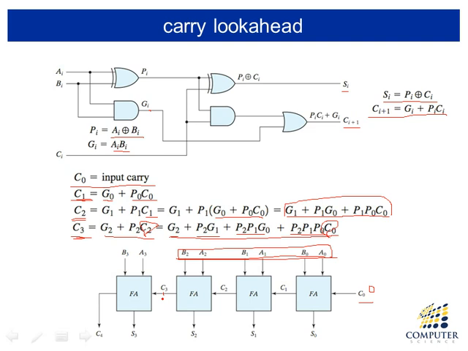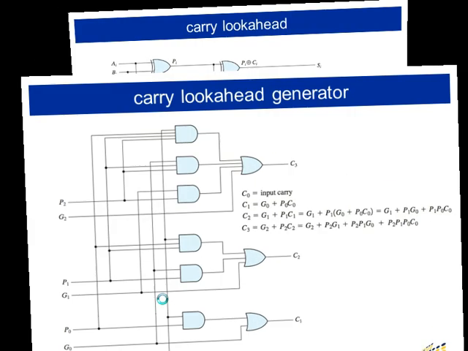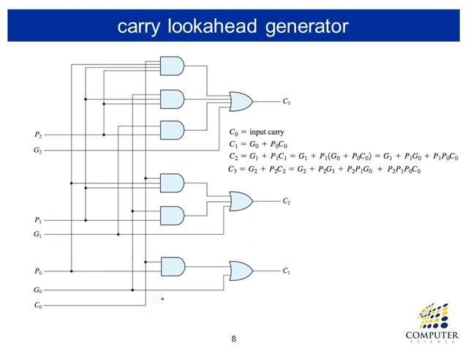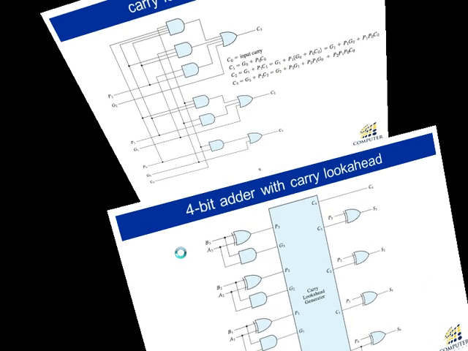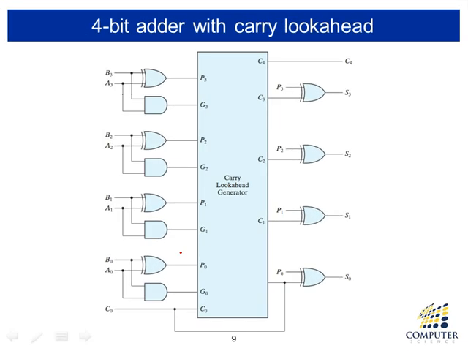So with these derived equations, we can construct a circuit for a carry look-ahead generator. So given P's and G's here, carry 1, carry 2, carry 3 are implemented this way. This is only the carry look-ahead generator, so the full circuit for a 4-bit adder will be something like this.